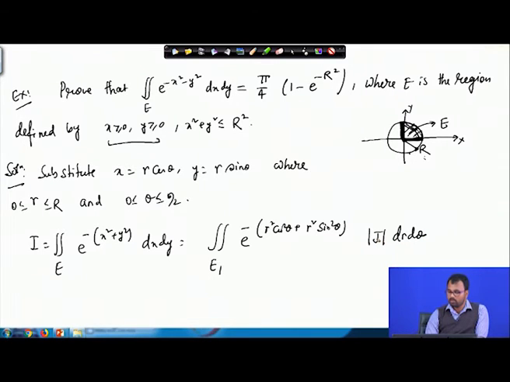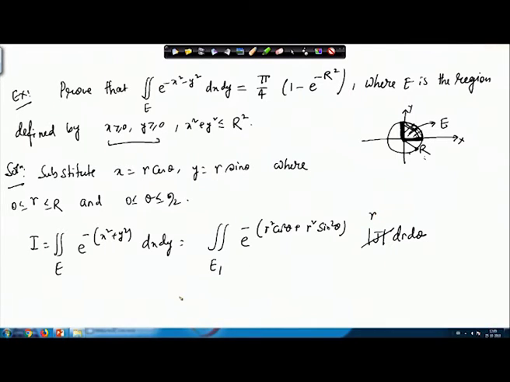This Jacobian is basically r, so we can simply write r. Now we replace this region E1 with the limits: r is running from 0 to capital R and theta from 0 to pi by 2. In the integrand, we take r square common, and then we have cos square theta plus sin square theta, which remains as it is, and we will have r dr d theta, right.